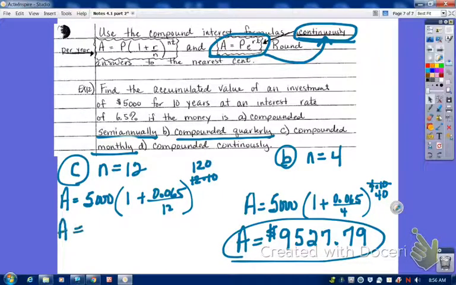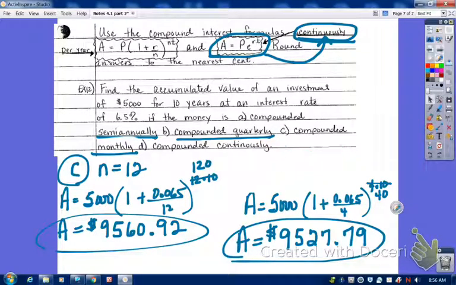And then this, again, should give you a little bit more than $9,527.79, and it gives you 9,560, I hear it over there, and how many cents? 92 cents. So one way to kind of double check yourself here is if you're collecting interest more times, you're going to have more money at the end.